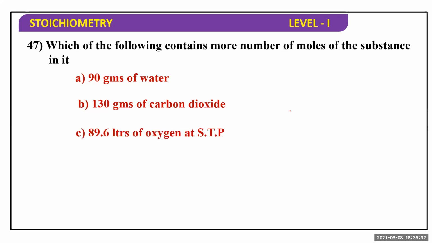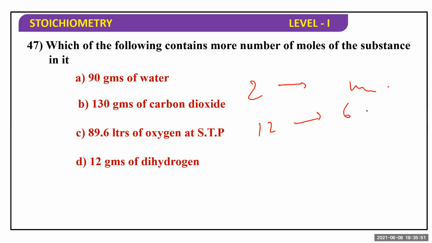And 18.6 liter of oxygen at STP, and 12 gram of dihydrogen. 12 gram dihydrogen means, you know, 2 gram equals 1 mole, then 12 gram equals 6 mole.